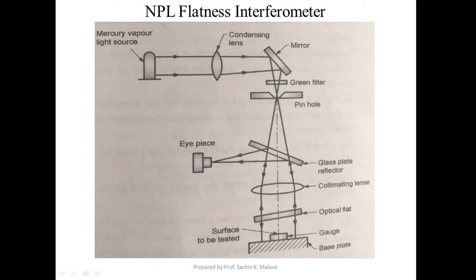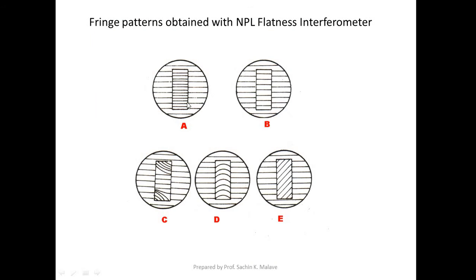We have discussed how it works, and these are the different fringe patterns that we get using the NPL flatness interferometer, for these 5 different situations or 5 different surfaces.